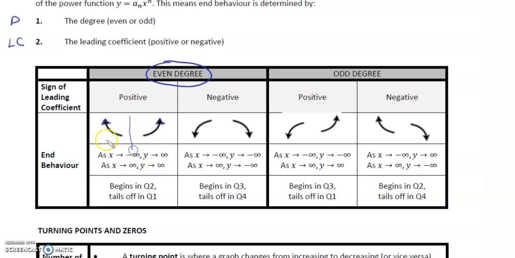We can interpret this on our x and y axis. So as x approaches negative, y approaches positive. Then as x approaches positive, y also approaches positive. If you want to do it in quadrants, we're going from quadrant 2 and it tails off in quadrant 1.